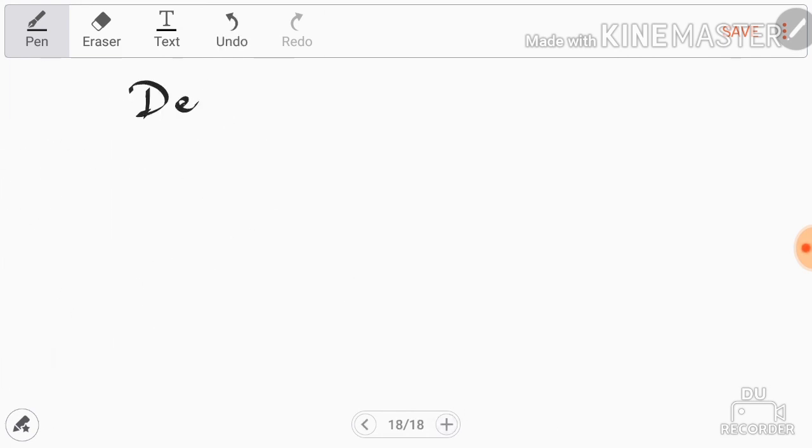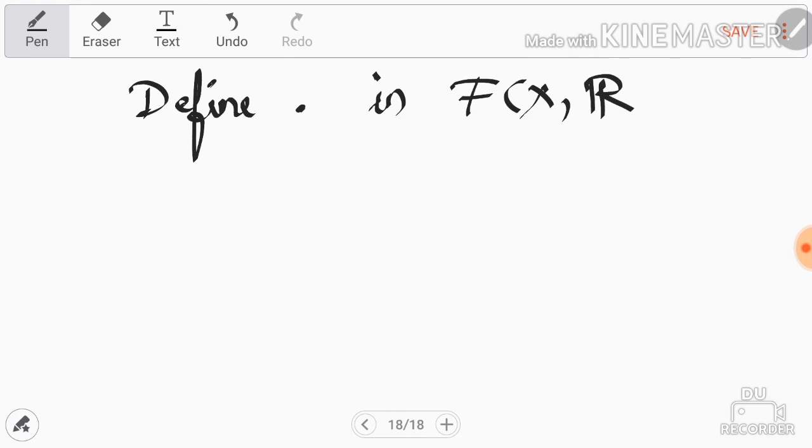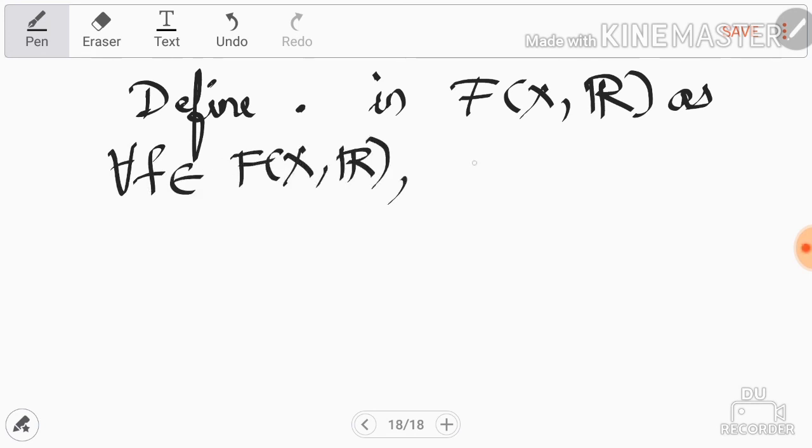We can also define scalar multiplication. This is very easy in F(X,R) as follows. If you have any f belonging to F(X,R), I can define my alpha f.